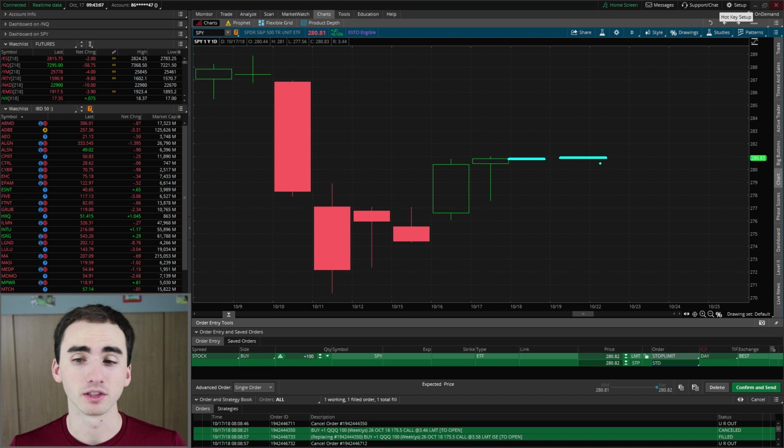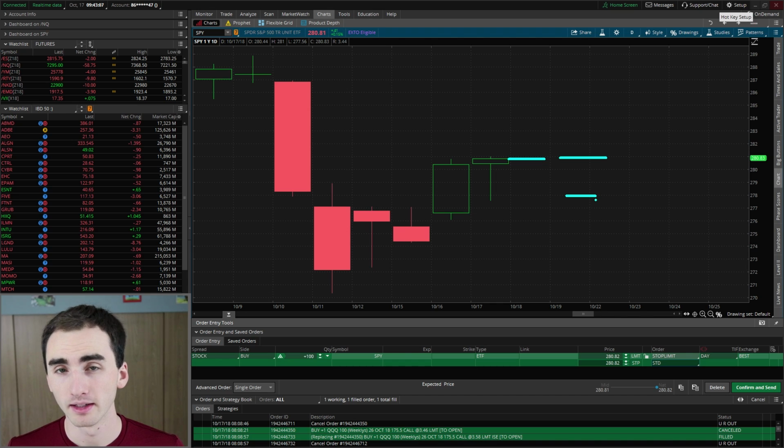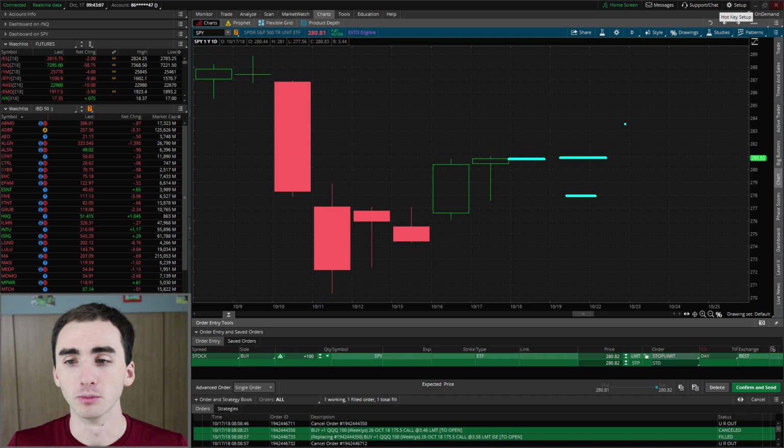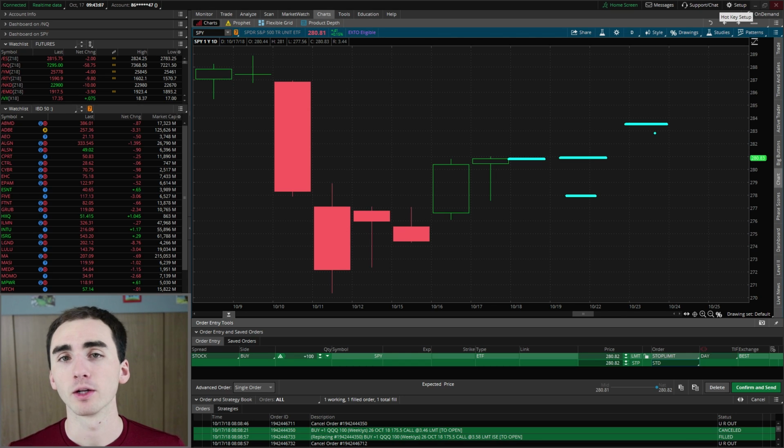But you can also use it to buy when the market maybe has a pullback. And then a stop allows you to buy when the market gets at a certain price. So if the market moves up to a certain price, you can have it send in a market order and you can get filled in right away when the market gets to that price.